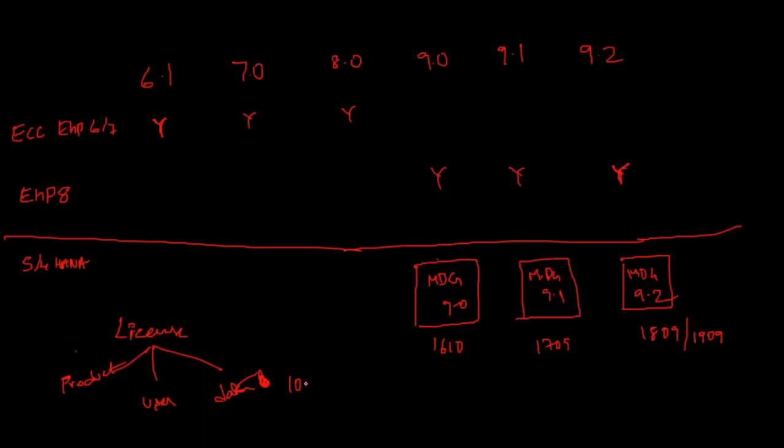10,000 records is considered as one package. If you want to purchase a license for 3,000 or 4,000? No, there is no such package. Again, there is one more 10,000. That's how we need to purchase the licenses. So with S4HANA, only the product license has been avoided, which is coming for free.